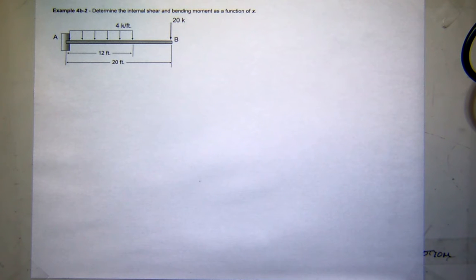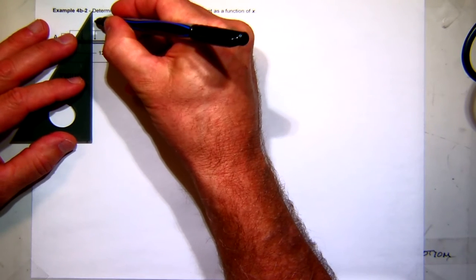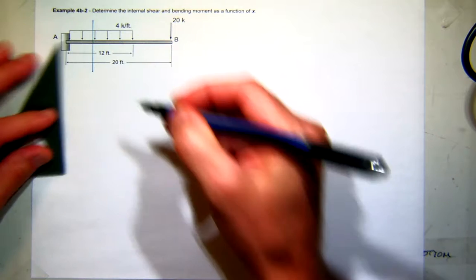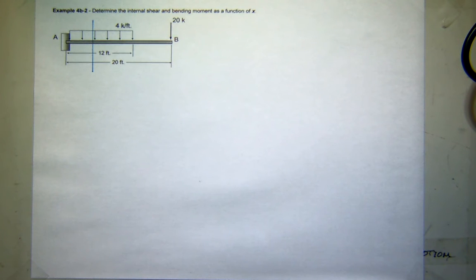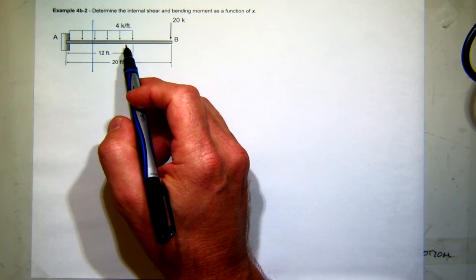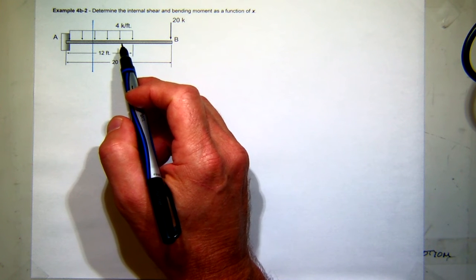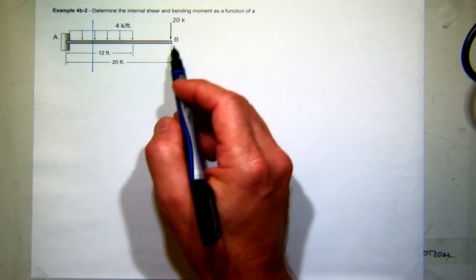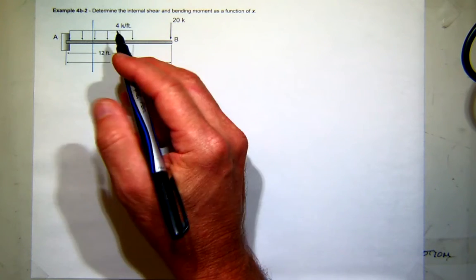I think I want to do something a little different this time, just to show you the possibilities. So if I make a cut somewhere in that structure, you want to work the left side or the right side? For me, I think the choice is clear. Look at this right-hand side. There's a lot to keep track of, right?